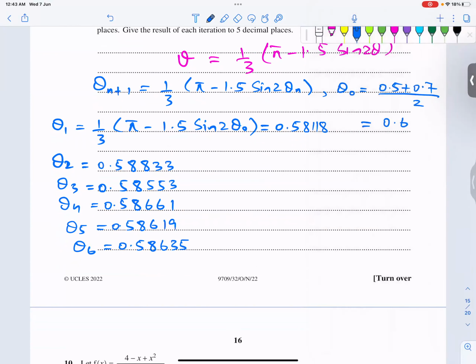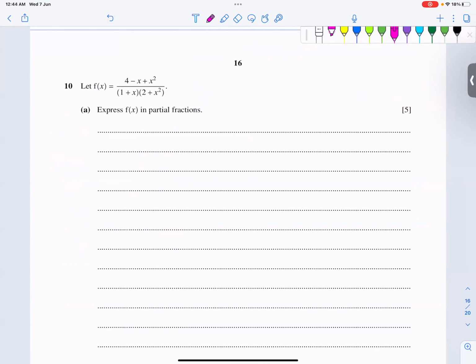So up to 3 decimal places, this value will be 0.586 for both theta 5 and theta 6. So it means that my final answer will be 0.586 up to 3 dp.